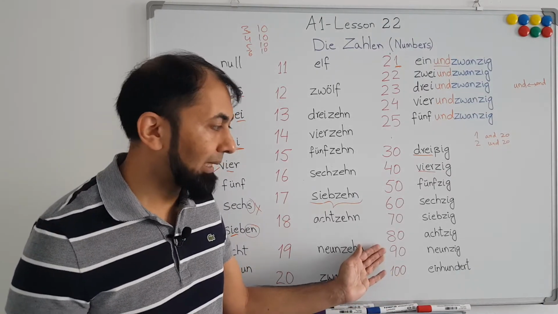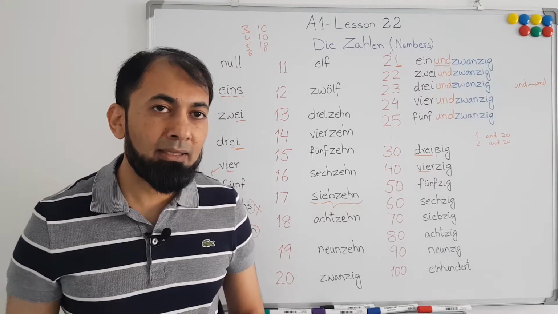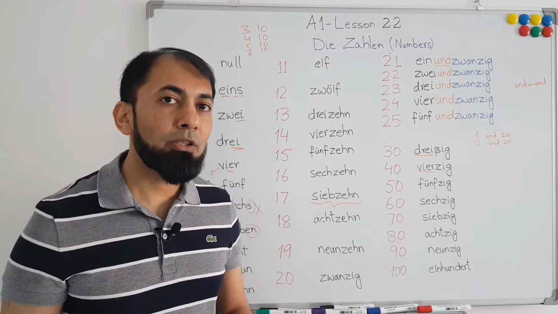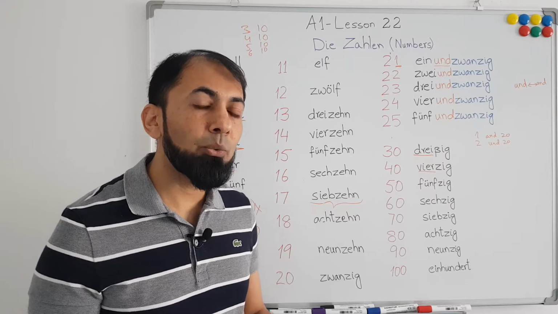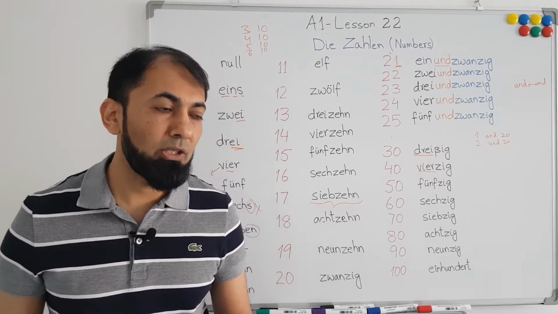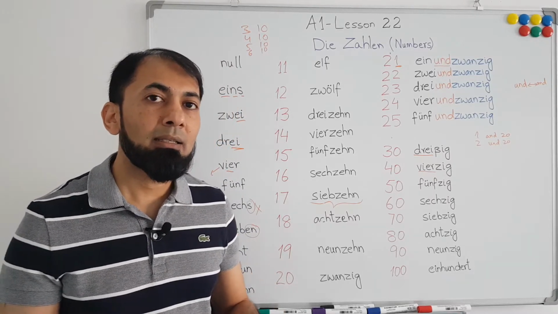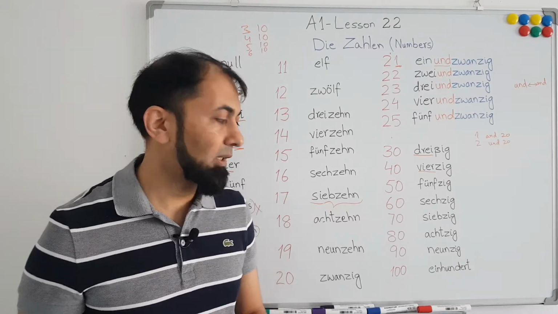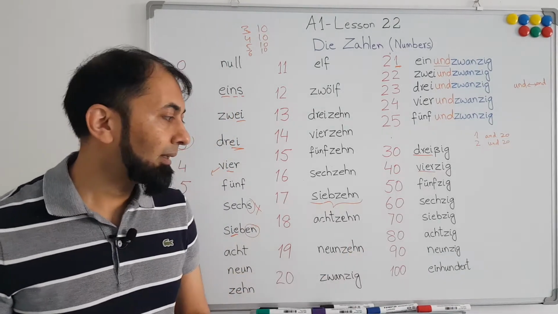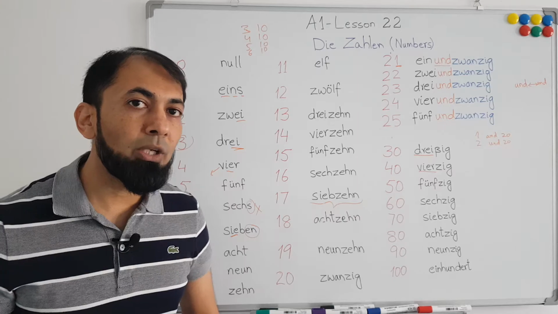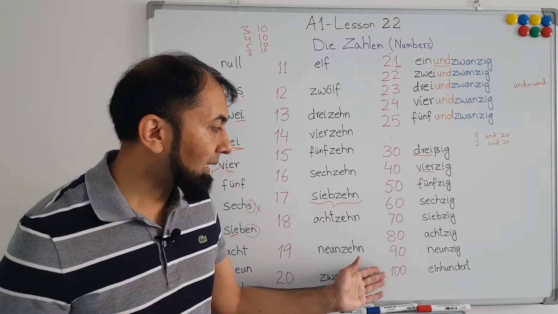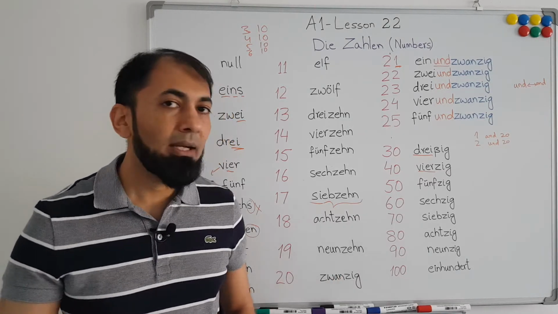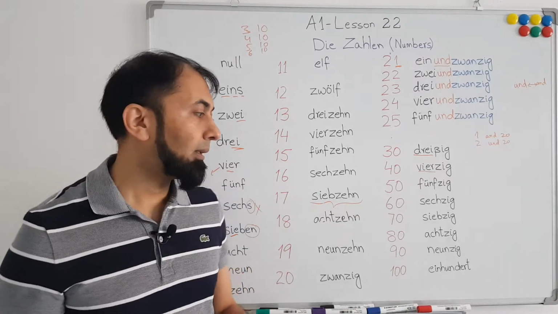Then comes 90, neunzig. 91, ein und neunzig. 92, zwei und neunzig. 93, drei und neunzig. Until 99, which will be neun und neunzig. Then comes 100, hundert.